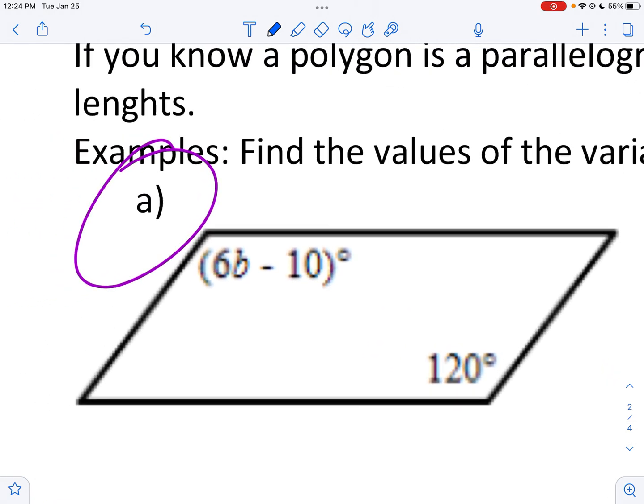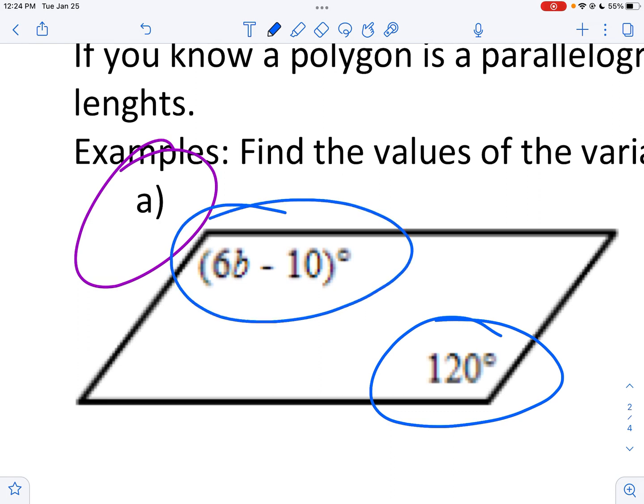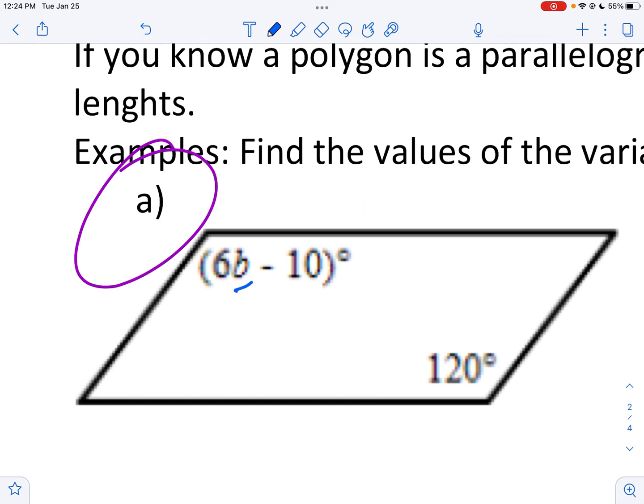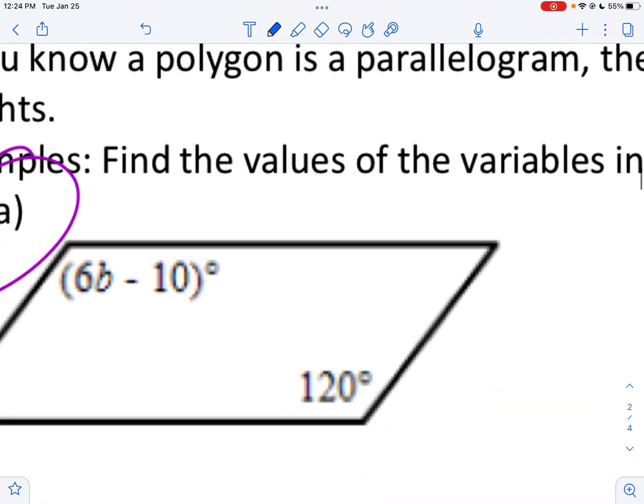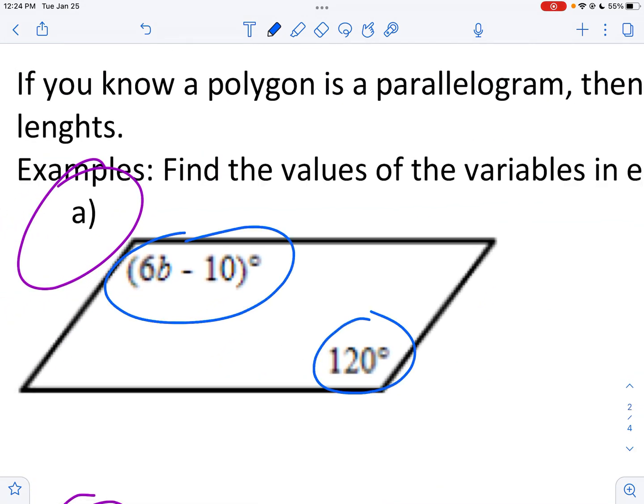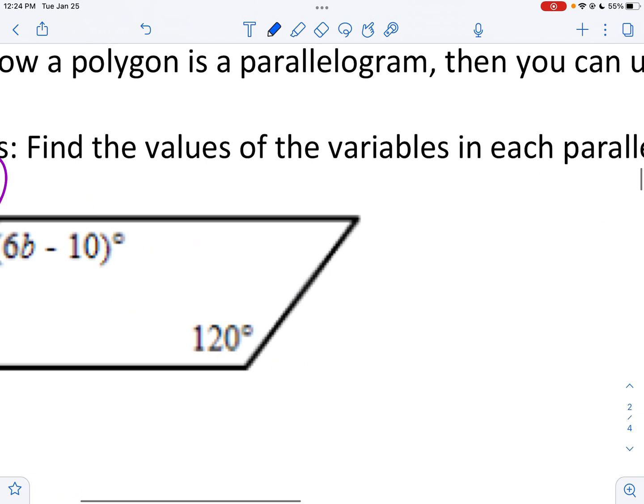So if I look at A, I see I have these opposite angles here. I want to find out what b is, and I know from my second theorem here, opposite angles are congruent to each other. So I can set this equal to this and solve that equation. So I got 6b minus 10 equals 120.